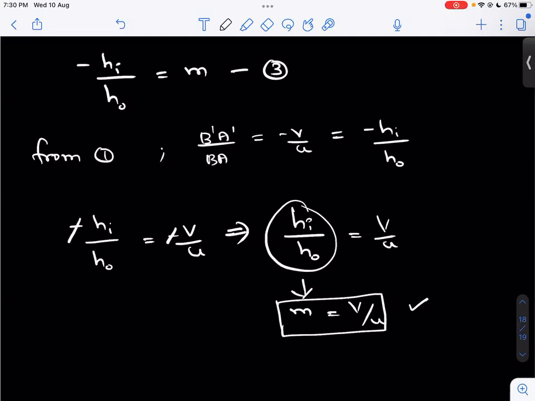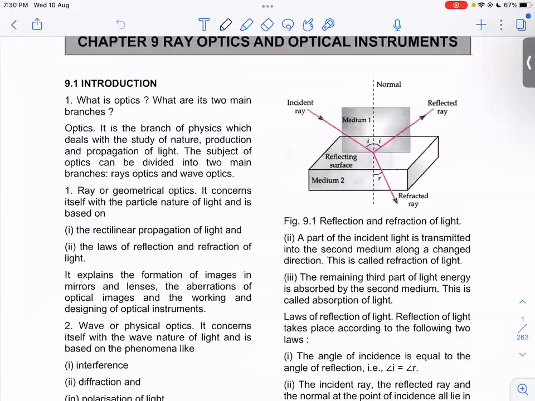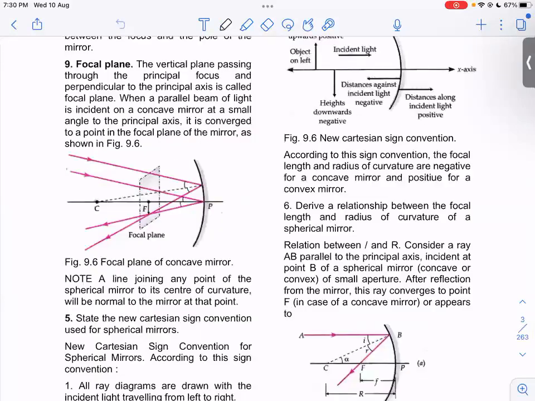Is this point clear? So this is all about magnification produced due to a lens. Okay. Today, there is only one optical instrument that is left out. By next class, we can complete it. But before that, I want you to concentrate on a few problems today.